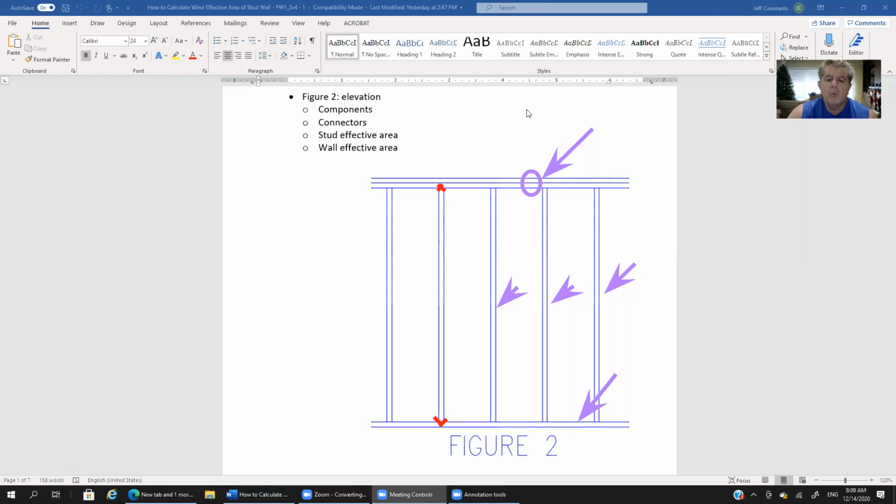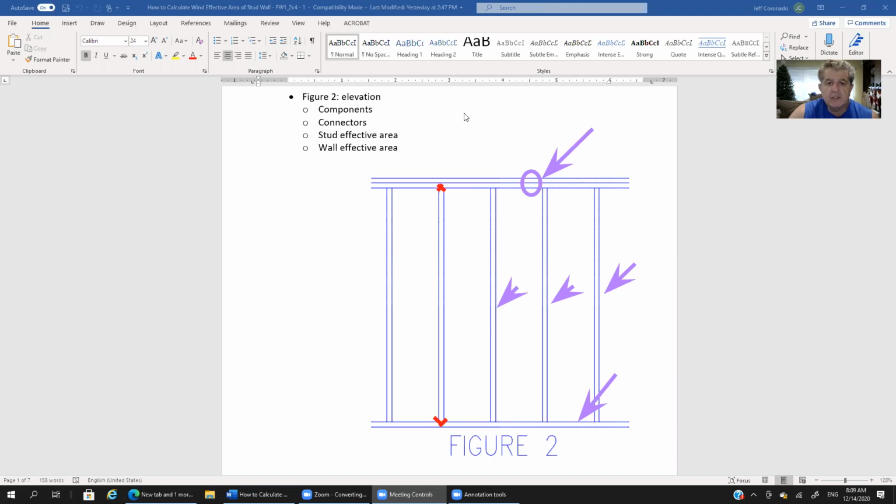So remember, what we're trying to see is, when we are doing our stress check to make sure that the element, in this case the stud, is adequate to resist the wind pressure as calculated in our wind component and cladding expression, what is the effective area that we take?